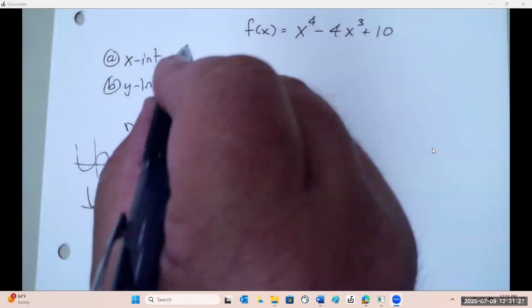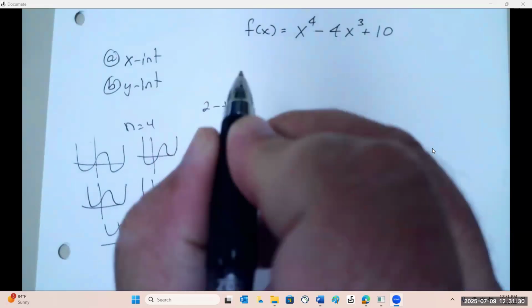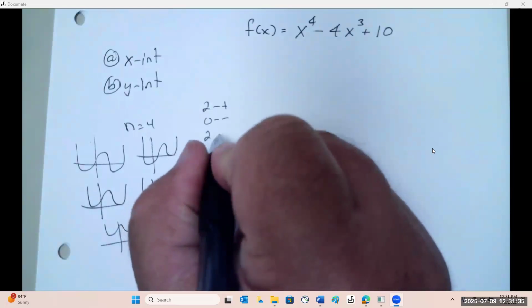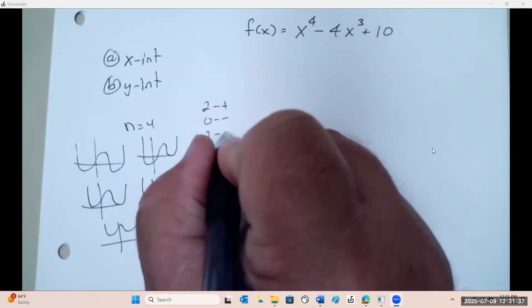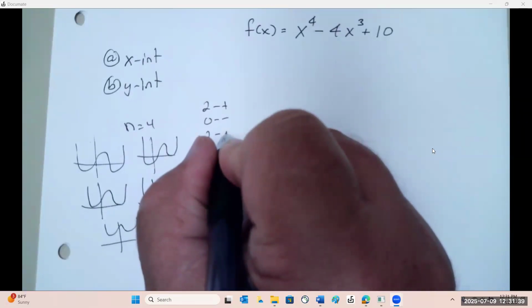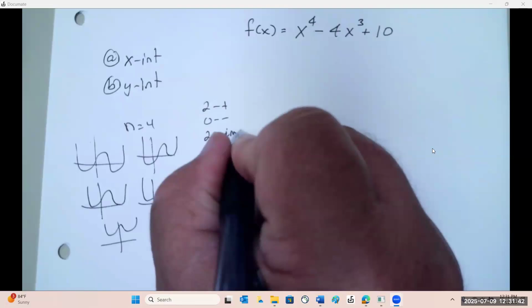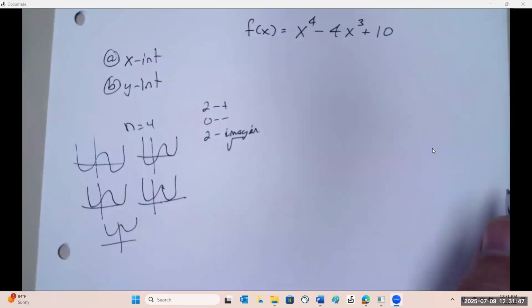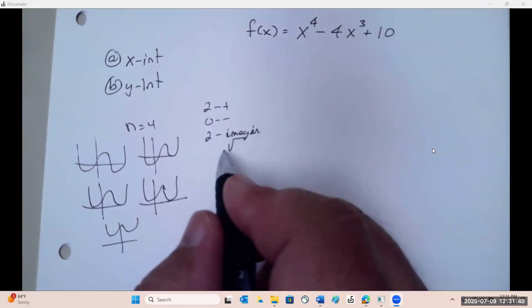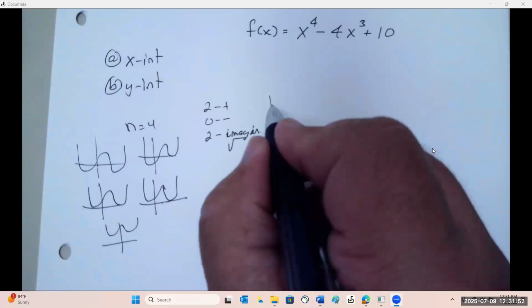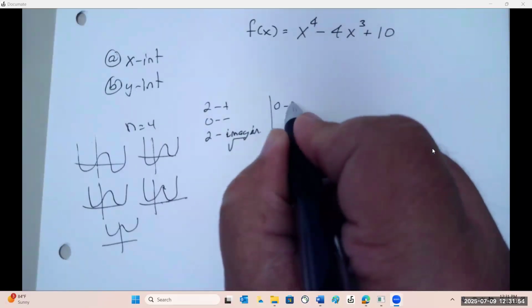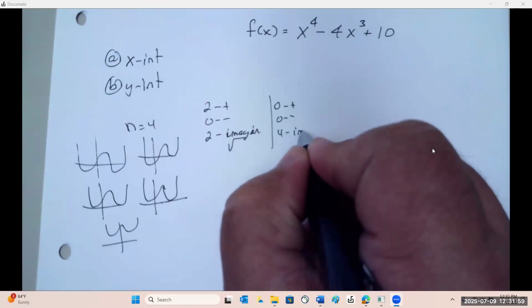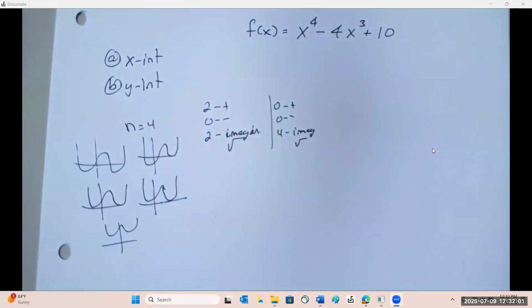We're going to have two positives, no negatives, and two imaginary or complex or radical solutions, because they have to happen in conjugate pairs. Or I can have no positives, no negatives, and four imaginary or radical solutions.